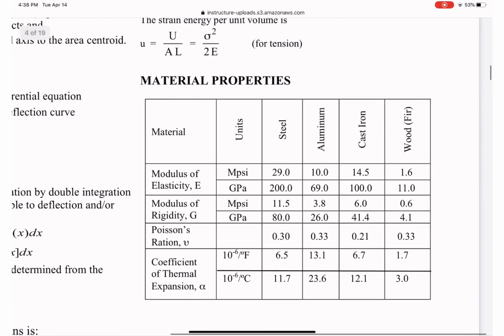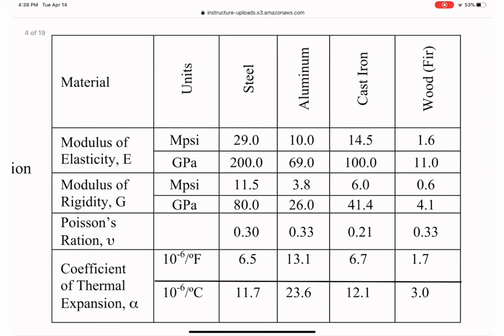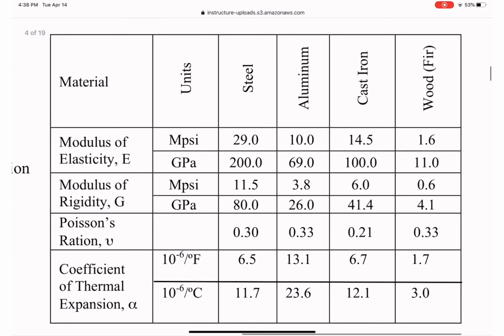We have the modulus of elasticity, and we also have the Poisson's ratio nu here. For example, steel 0.3, aluminum 0.33, cast iron 0.21 and 0.33.